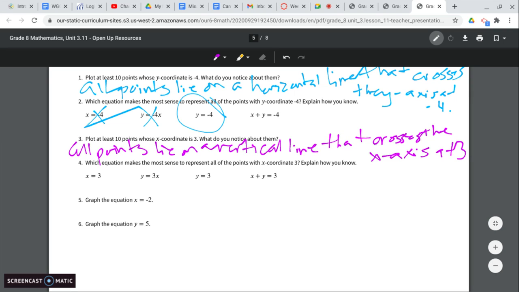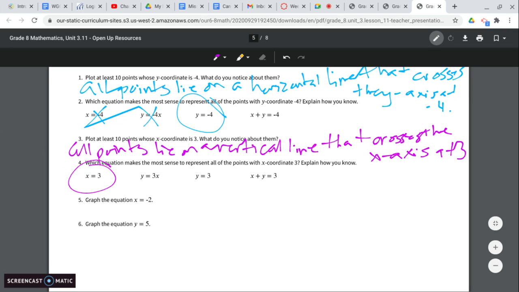So for our equation, which one do you think it's going to be? If it's a vertical line and all of our values are 3 for x, it's going to be this first equation, x equals 3. So vertical lines are always going to be an x equals whatever your x value is for all of them. And then horizontal ones will be a y equals.